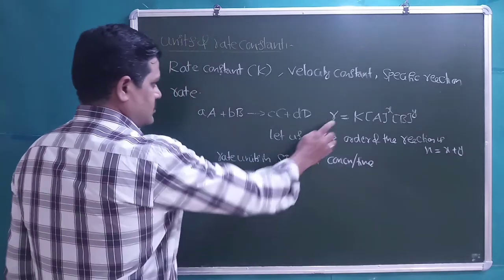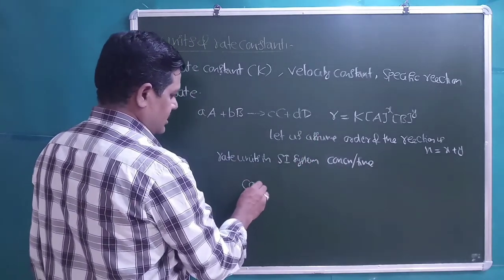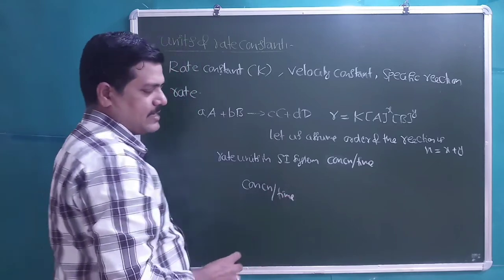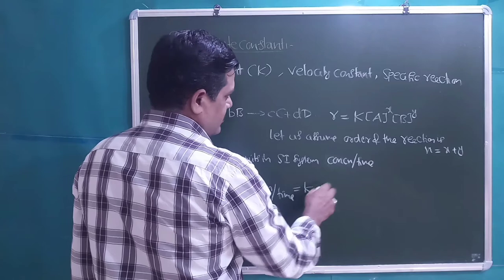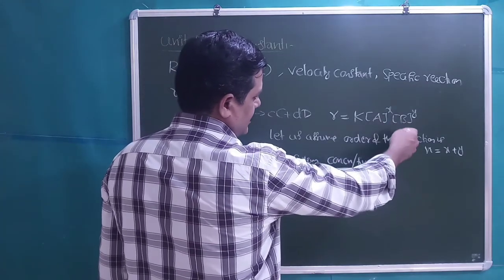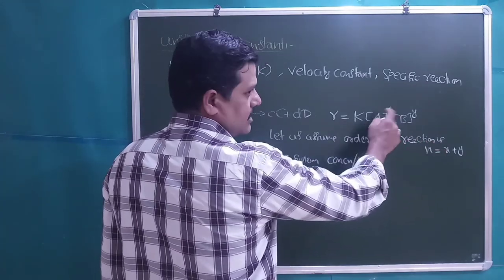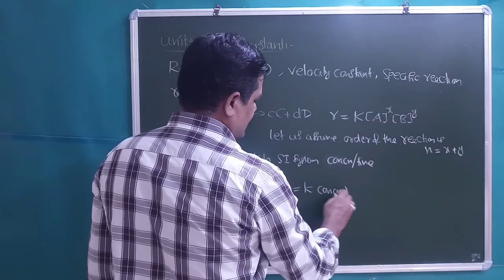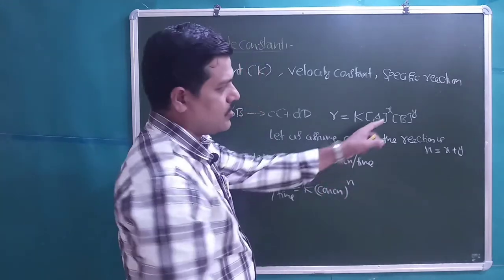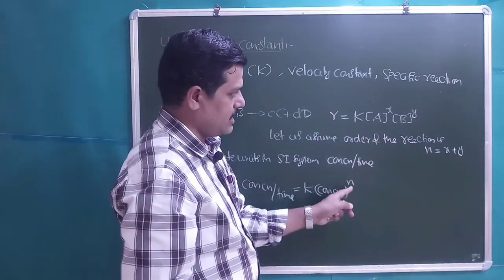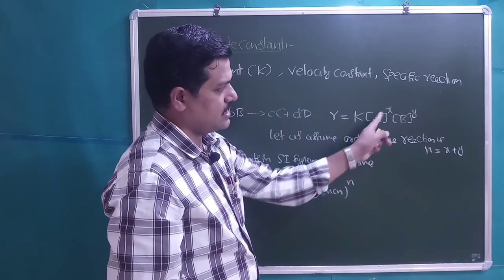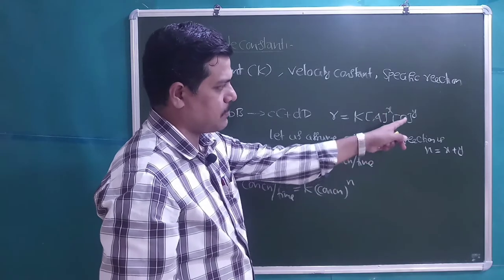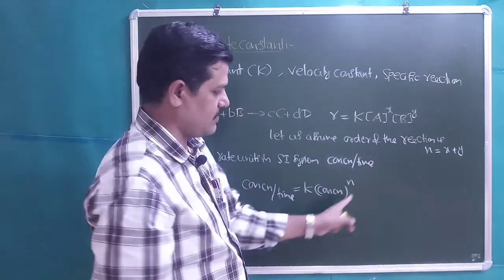Let us substitute the units here: concentration divided by time is equal to K into concentration power n, because the overall order of the reaction is n. Bases are the same, so powers can be added: concentration power x plus y is the same as n.